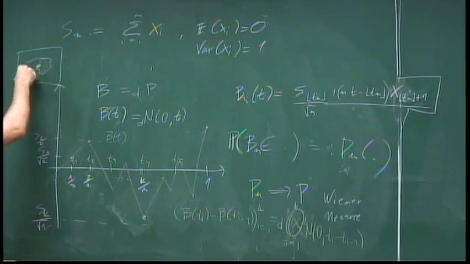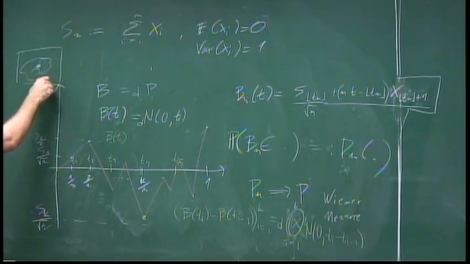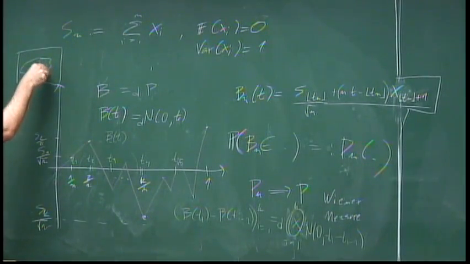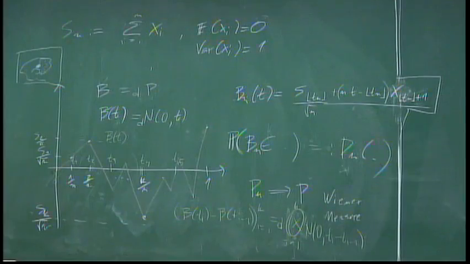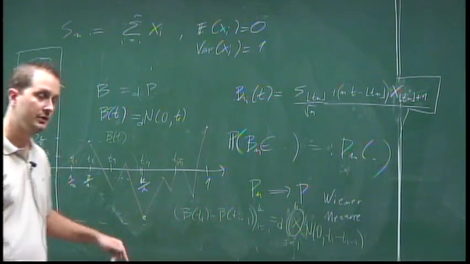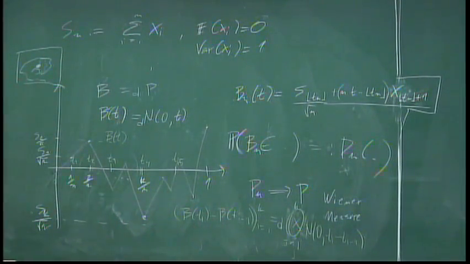The trajectory was discovered by a guy called, I think, Robert Brown, a botanist. And this irregular trajectory, Einstein postulated, should follow this sort of distribution, a continuous trajectory with Gaussian increments, in 2 dimensions in this case, right? And the reason why the pollen moved was that it was being bumped by atoms in the water.